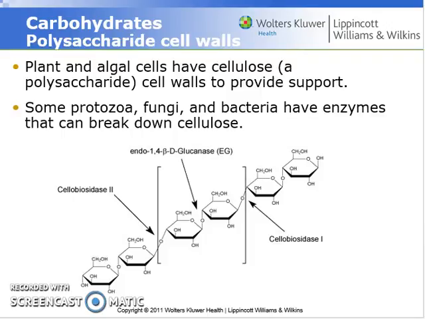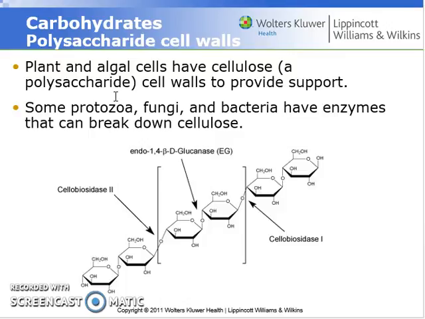Another example of a polysaccharide that's found in organism tissue is cellulose. This is primarily specific to plants and algae cells, and this particular structure enables support for the plant and algae cells.